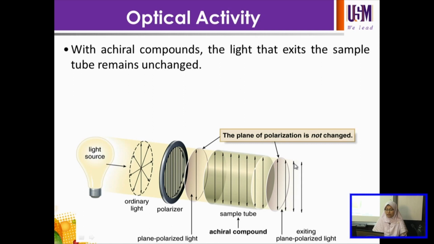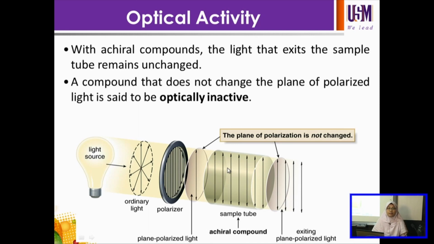After that you observe that the plane of polarization is the same as the initial. So this is what happens when we put an achiral compound in the sample tube. A compound that does not change the plane of polarized light is said to be optically inactive.